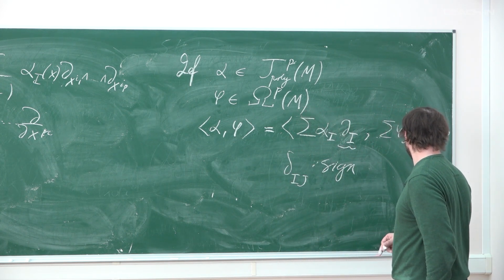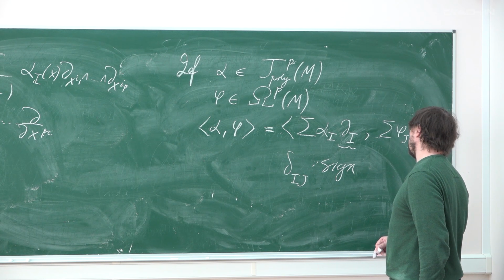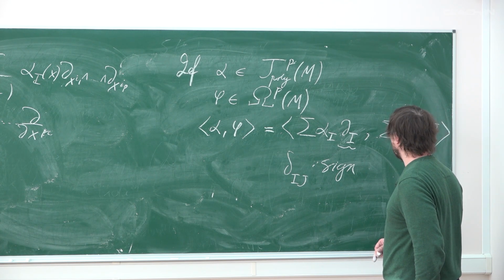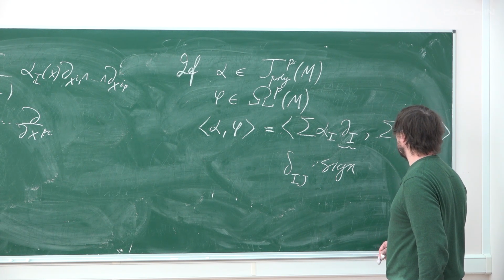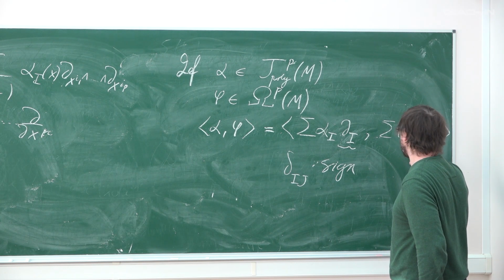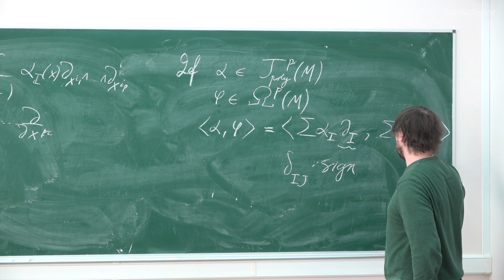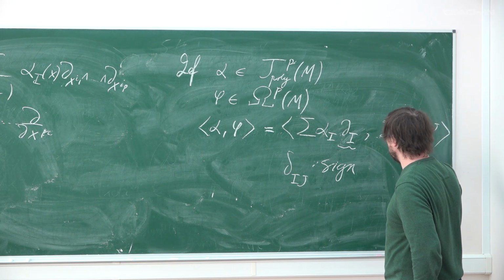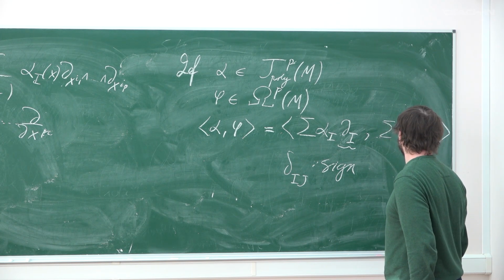So basically the number of times you permute those. Yeah, more or less. Just let me see. Is it necessary to introduce this sign here? I'm not sure about this.